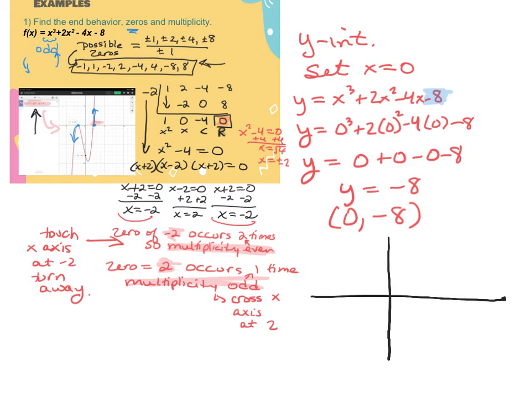Okay, so now let me add in, I got a 1, 2, 1, 2. All right, so I have x-intercepts, or zeros, at -2 and +2, and then I also have the y-intercept at -8. 1, 2, 3, 4, 5, 6, 7, 8. So here's my y-intercept.